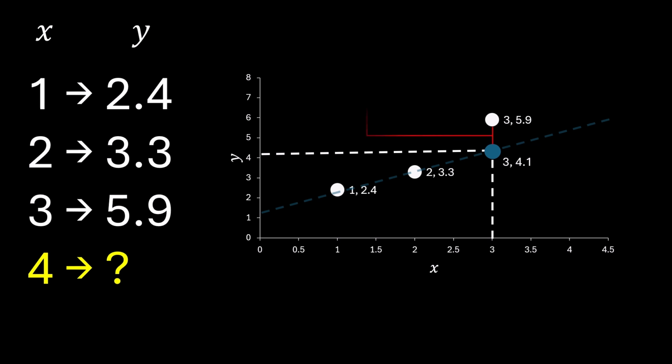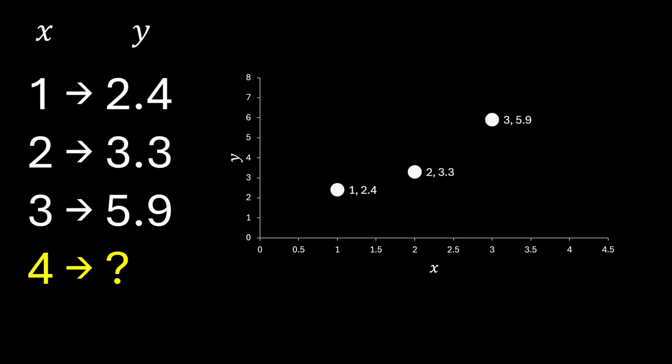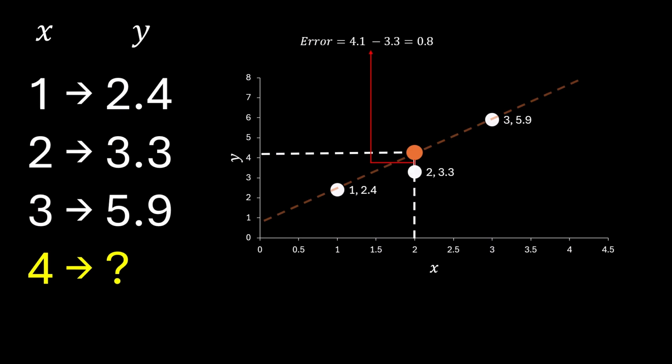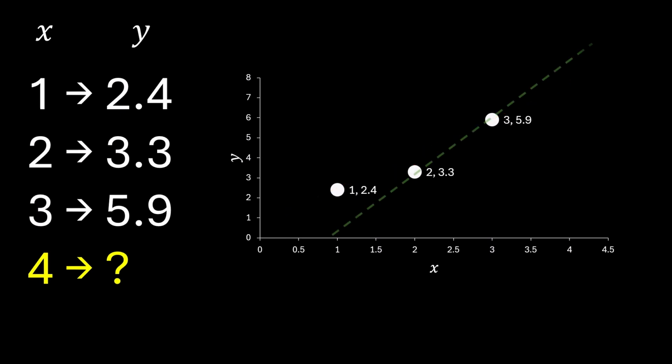Hence, the difference between the predicted and the actual value, which we will call an error, is equal to minus 1.8. Similarly for the orange line, which has an error equal to 0.8. And finally, the green line has an error equal to minus 1.9.